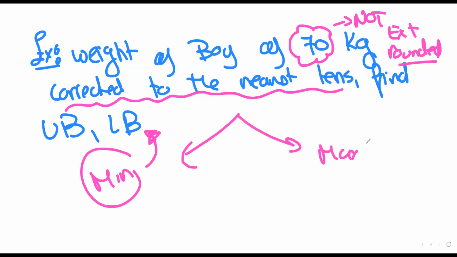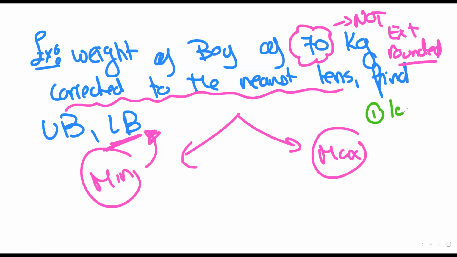What is the maximum weight the boy could be? إيه أقل وزن ممكن يكون للولد ده وإيه أكبر وزن ممكن يكون للولد ده. طبعا minimum weight يعني lower bound, maximum weight يعني upper bound. يبقى تاني the weight of the boy is 70 kilograms corrected to the nearest tens. يعني الولد ده أنا لما شفته كده قدامي قلت تقريبا وزنه 70 كيلو. ممكن يكون وزنه أقل من 70 وممكن يكون وزنه أكبر من 70. إحنا دلوقتي عايزين نعرف what is the minimum weight the boy could be, what is the maximum weight the boy could be. How do I solve these questions?